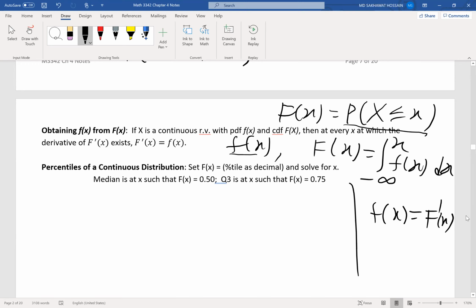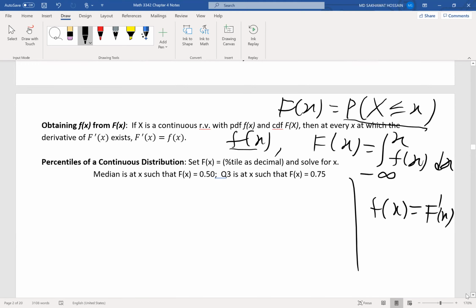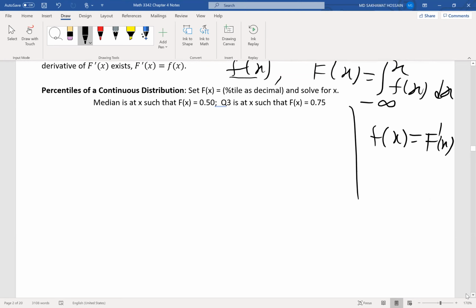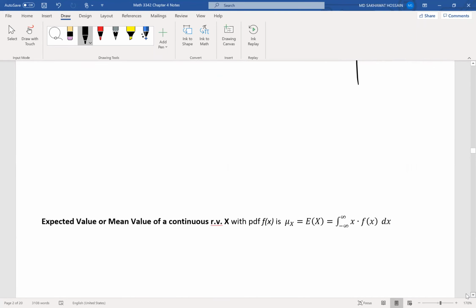Using the CDF, you can also calculate the percentile. You can calculate the median, the first quartile, and the third quartile as well. So we'll discuss it later.